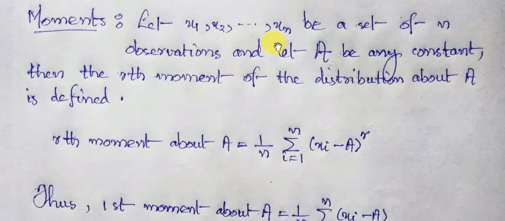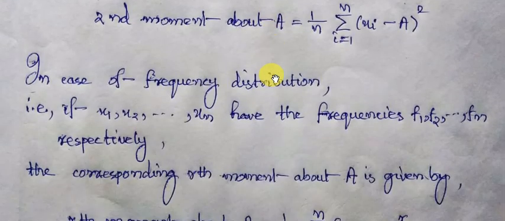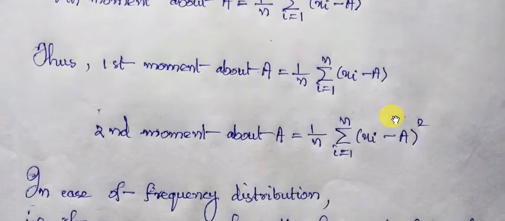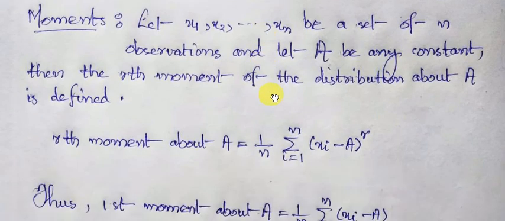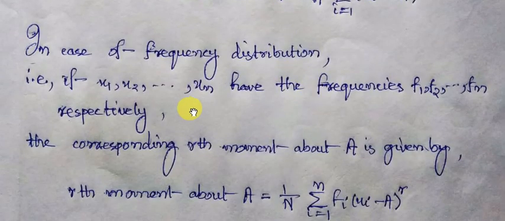But here, this being with some frequencies, the x1 observation has appeared f1 times.